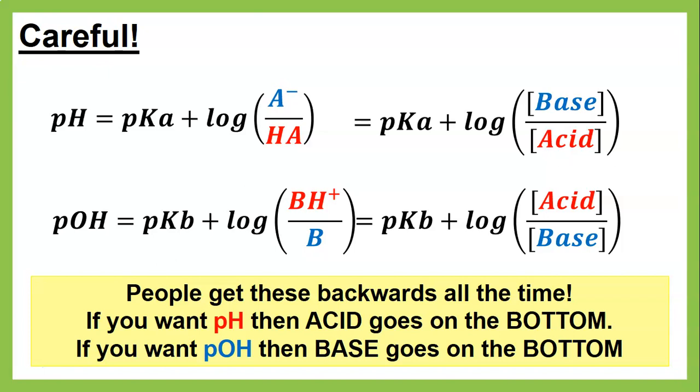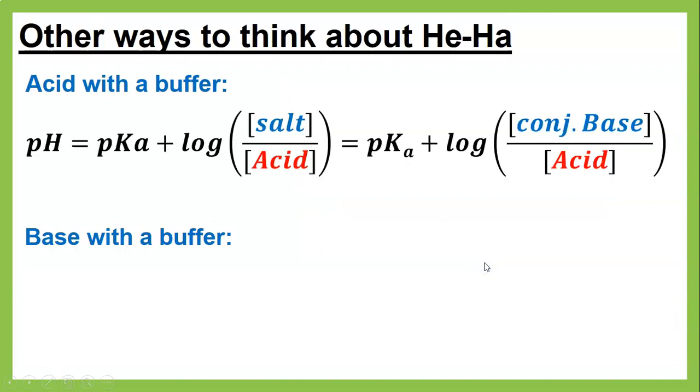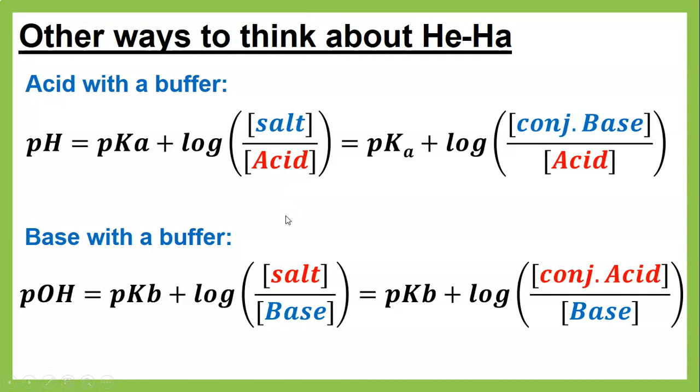Now, one thing that I like to do is show you a slightly different version of these. It's not anything different. It's just a different way to think about it because we're primarily using these salts. Your salt is the conjugate base to the acid, isn't it? So why not just write that? And here, your salt is the conjugate acid of your base.